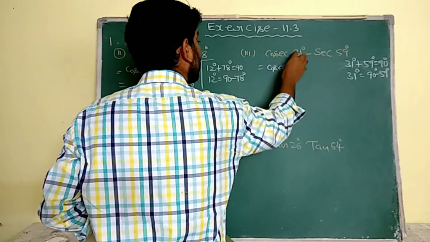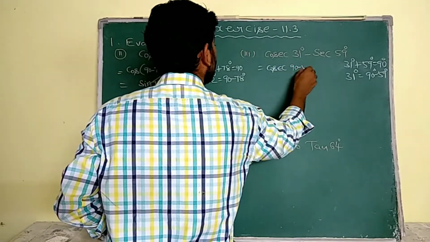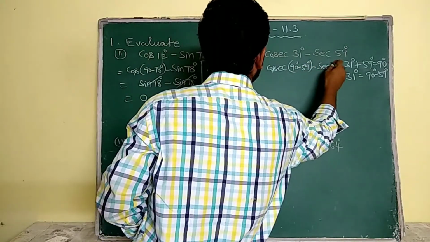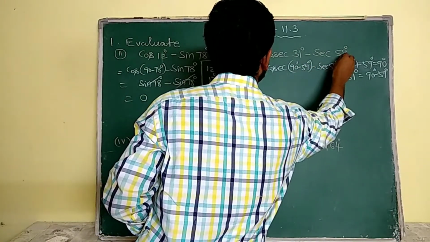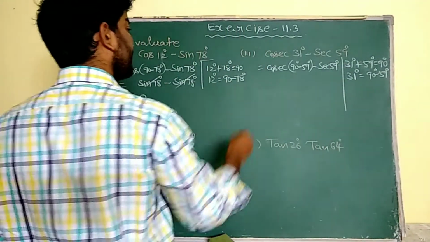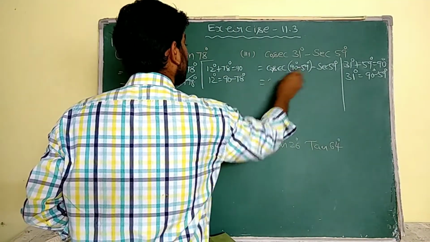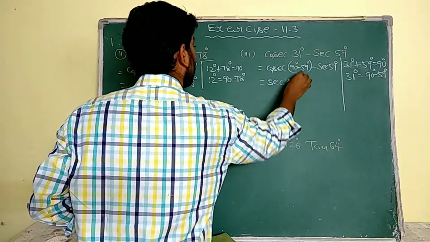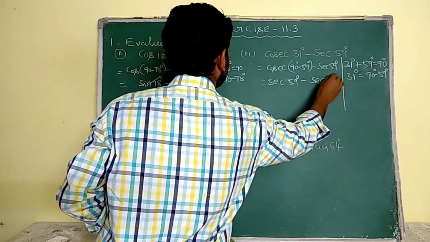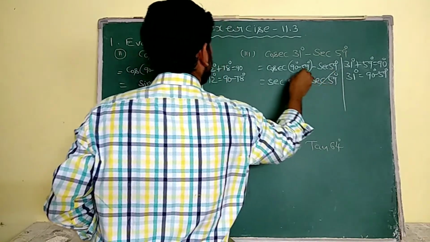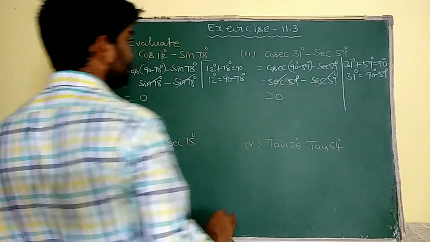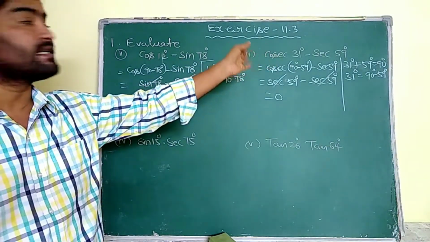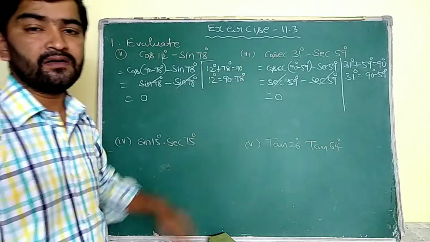In the place of 31 I write 90 minus 59, minus secant 59 degrees, not altering the 59. Cosecant of 90 minus theta is secant theta, that is secant 59 degrees minus secant 59 degrees. These two are cancelled, and the value is 0.